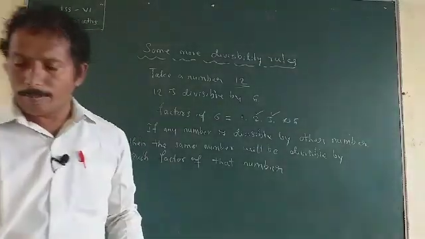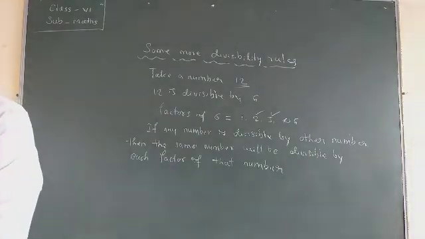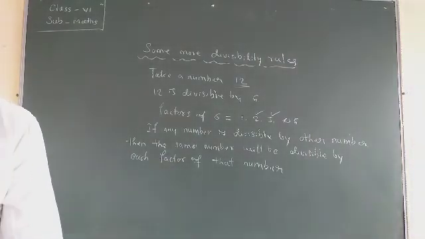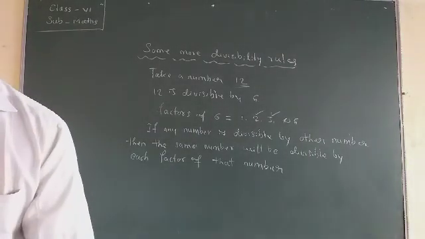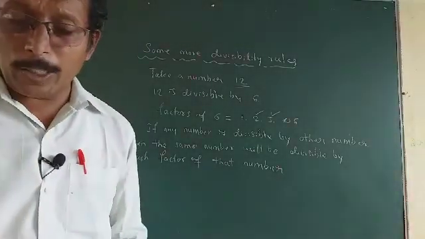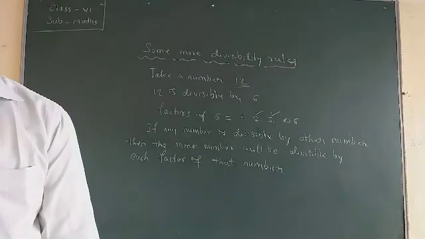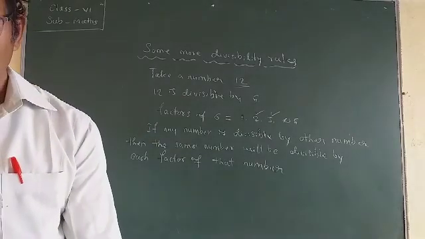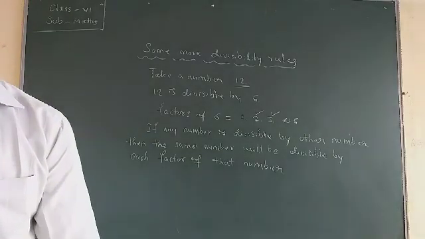Now similarly, if a number is divisible by two co-prime numbers, then it is divisible by their product also.